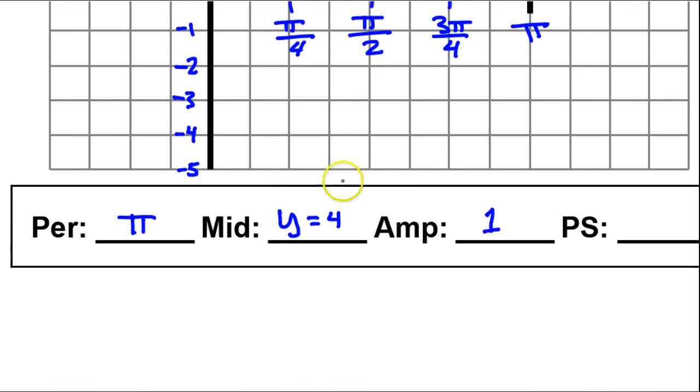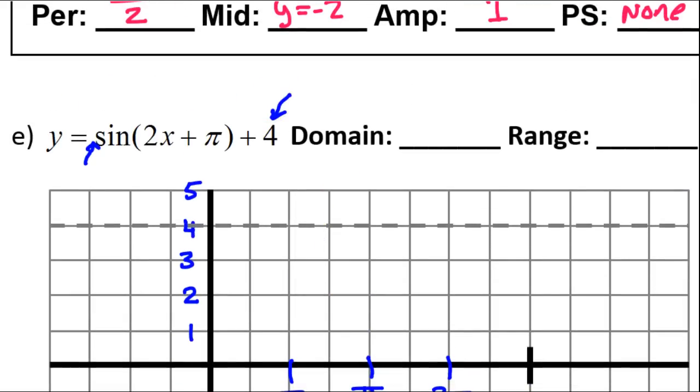Alright, what about a phase shift? This one does have a phase shift. Alright, that is not an eraser, or is it? For the phase shift, we look right here. Now, as is, this is not the phase shift because of this 2. For this number to be the phase shift, we need to factor out the 2. So in other words, we need to bring the 2 outside of the parentheses first.